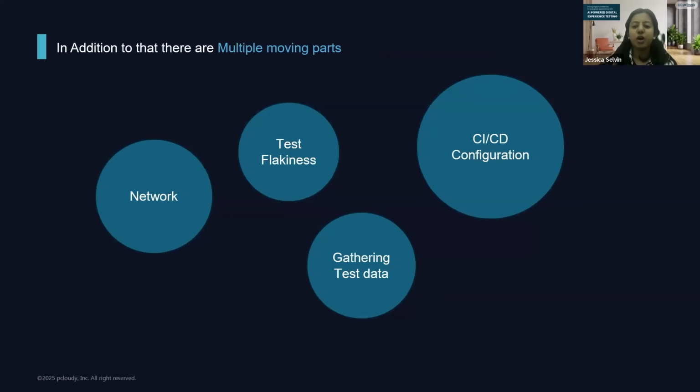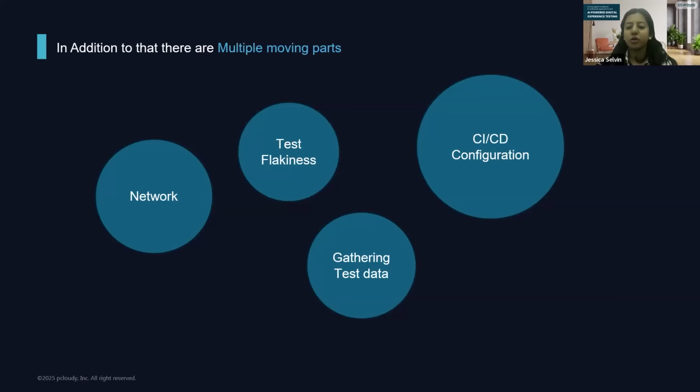So to summarize, what are the different aspects which are causing this? Firstly, as I've already highlighted, is the network. Every single call has to travel back and forth. Also, screenshots and videos have to take the same path. So this leads to network latency, and test flakiness because of the environment and network jitters.